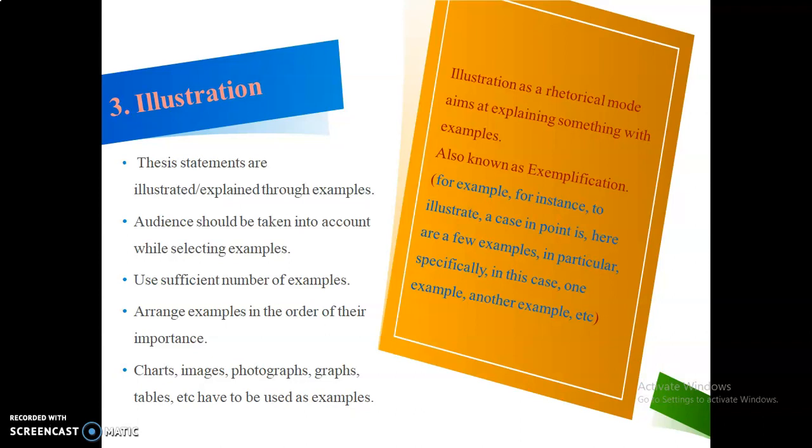The most important, the most interesting example should be given in the beginning, and later on you can give less important examples. Charts, images, photographs, graphs, tables, etc. can all be used as examples.